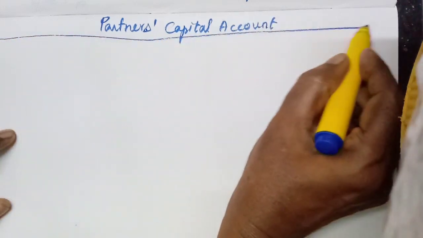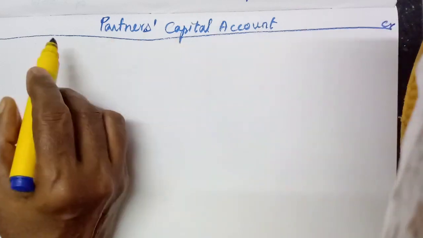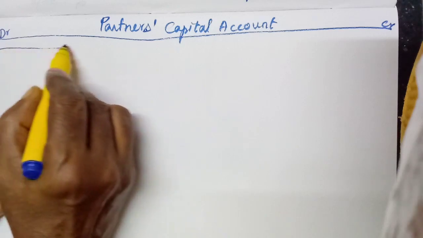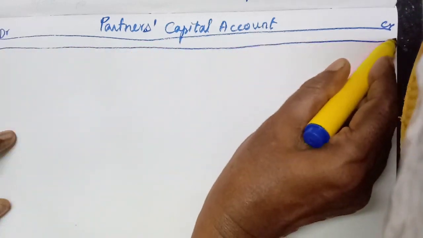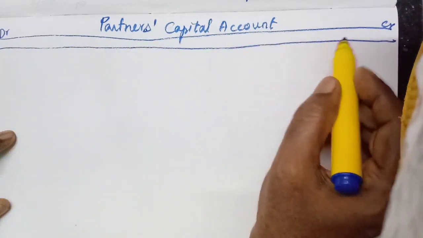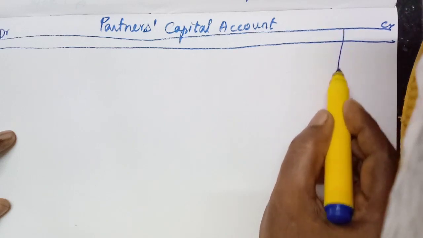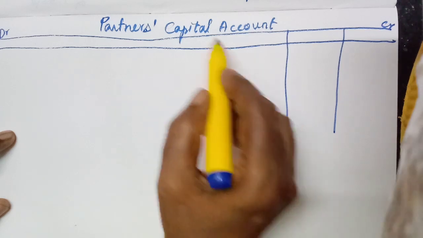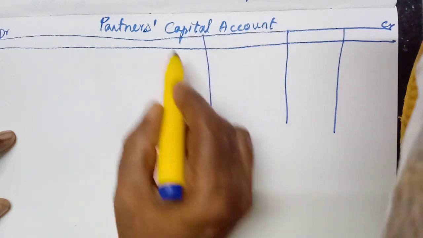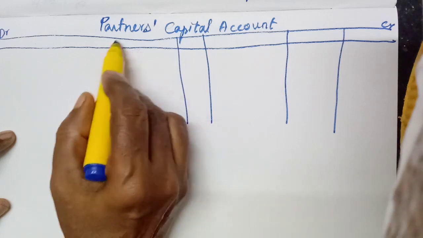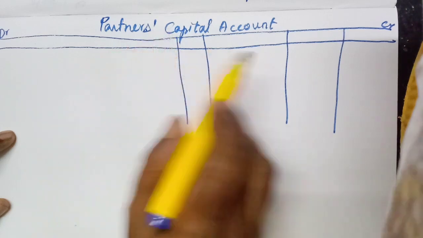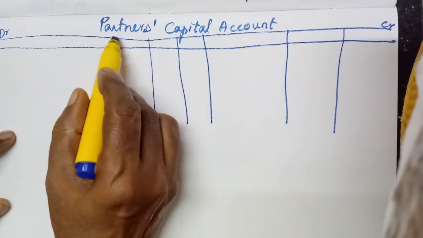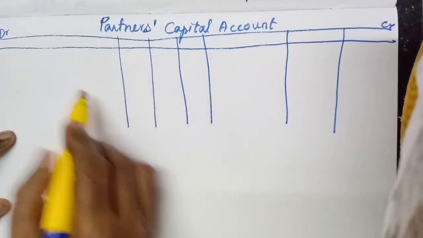Draw the line. First line, creditor, debtor. Then the particulars column. Then two partners. Then particulars, date. Only half of the thing is completed. Now two amount columns, for the two partners.